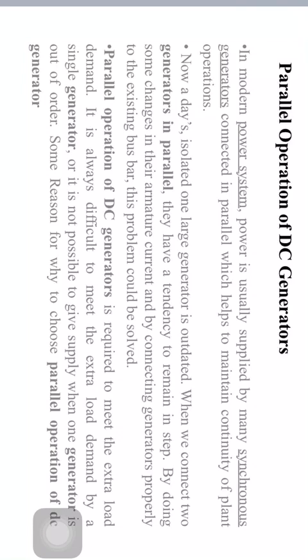However, if the power is supplied from a number of small units operating in parallel, then in case of failure of one unit, the continuity of supply can be maintained by the healthy units. That is the main reason we opt for parallel operation: continuity of supply or service.